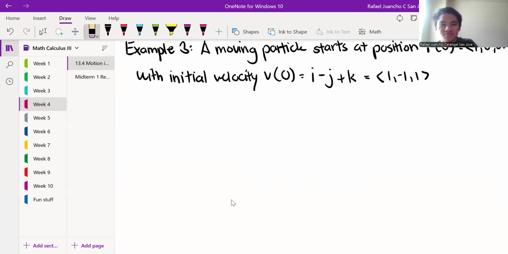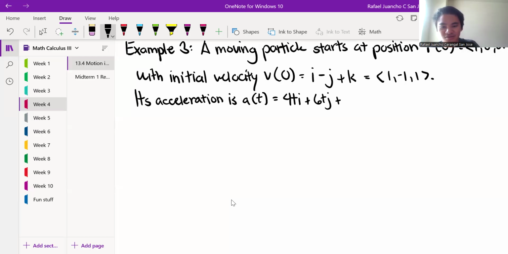We have an acceleration included. We're giving it in terms of t: acceleration is 4t i plus 6t j plus k. Let's immediately translate it: 4t, 6t, 1.